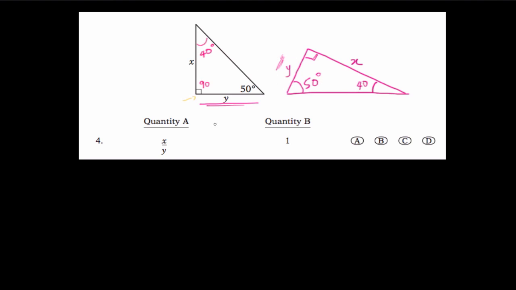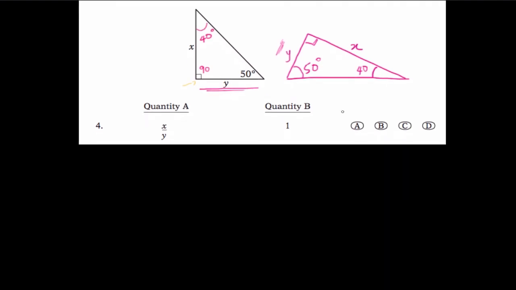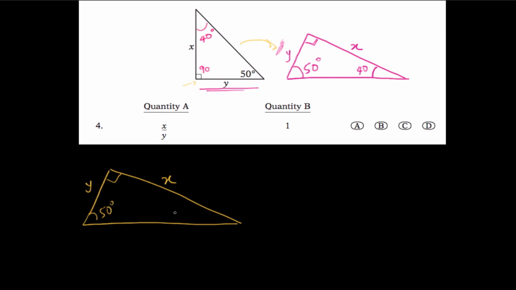Now we want to determine the relationship between x over y and 1. Since I have my diagram here, let me just draw it again. So we have x, y, then 50 degrees, and then 40 degrees.